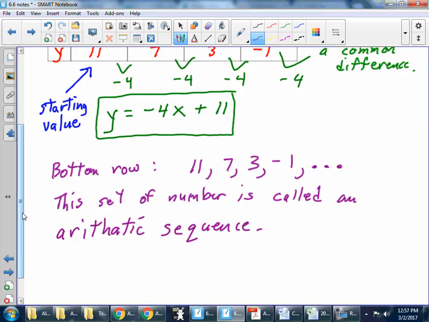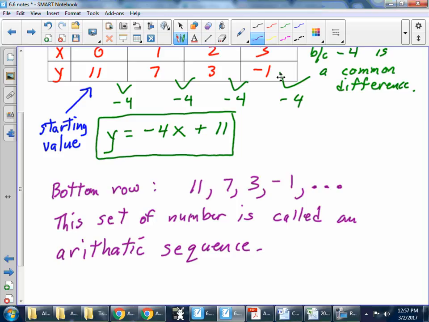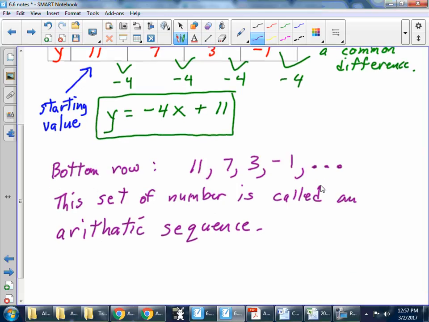This set of numbers, S-E-T. And it's no big deal. You're just taking the bottom row here and writing it out in order. And they have a common difference. I'm going to put that in parentheses here. Common difference.